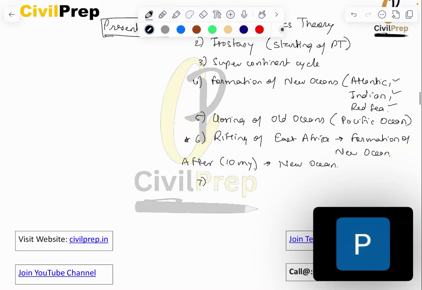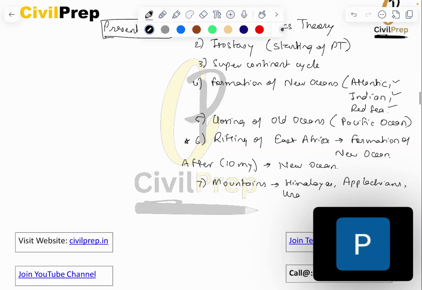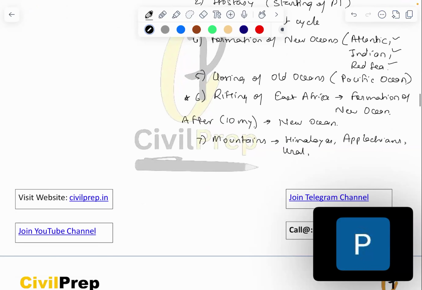Now, number 7, here we can also add mountains which have formed because of the movement of plates, like the Himalayas, Appalachians, Ural, Alps, Rockies, etc. These are fold mountains.